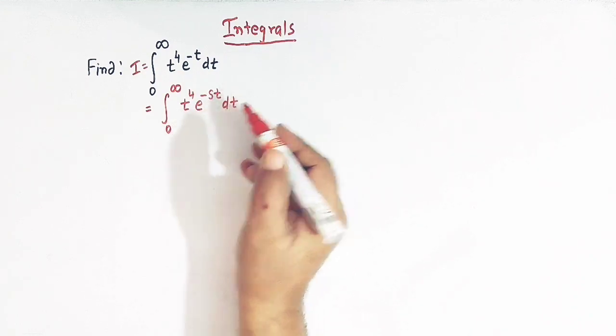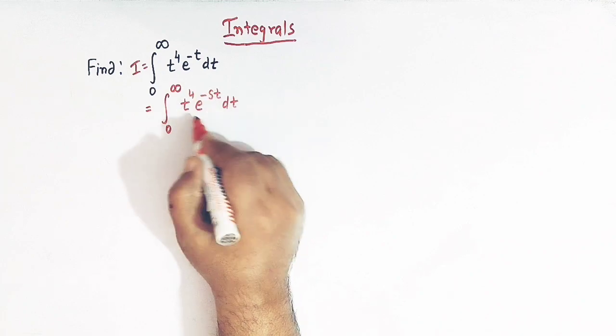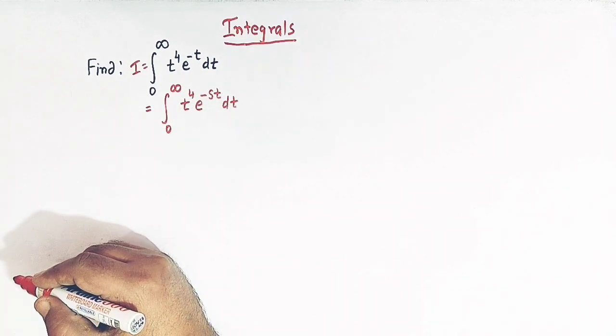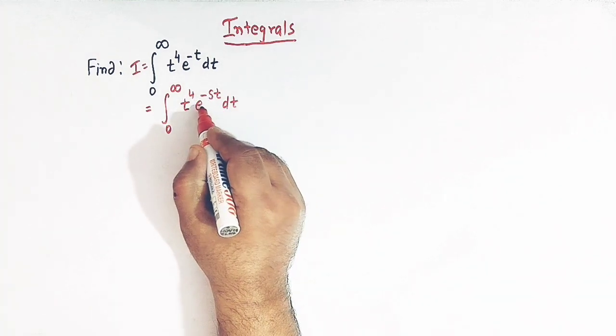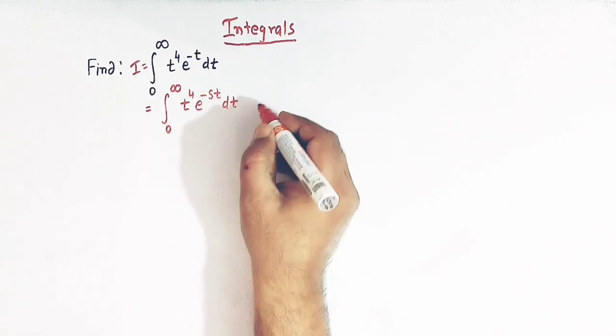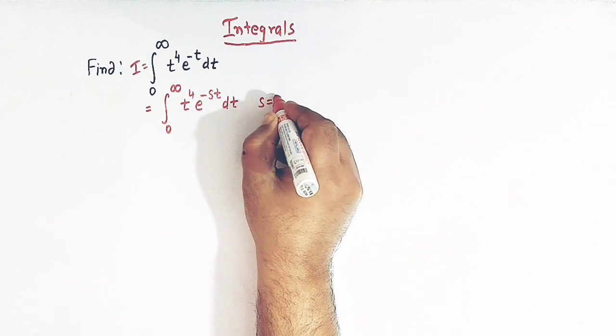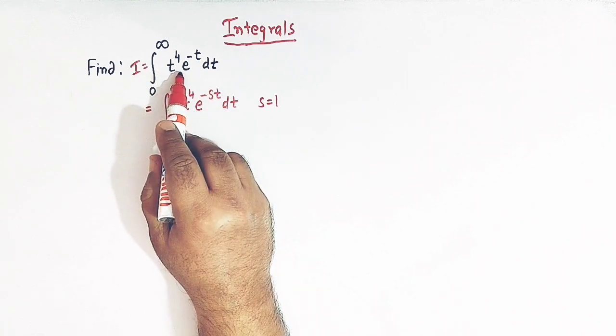Here we have introduced this parameter s because we are going to use the concept of Laplace transform, so we write e raised to minus st. When we take s equal to 1, this integral reduces to the original one.